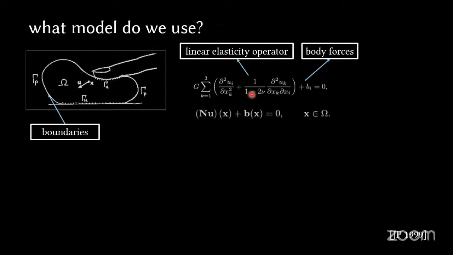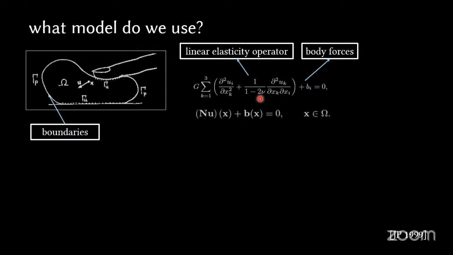Then you have this linear elasticity operator. Over here, the main thing you should take a look at is this nu term, which is the Poisson ratio, and you have this 1 by 1 minus 2 nu term, which is important because the maximum value of nu you can get to is 0.5.